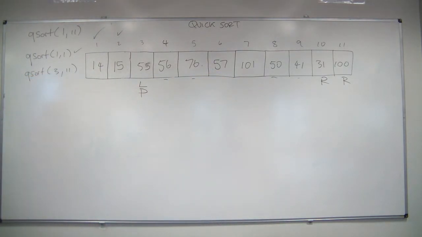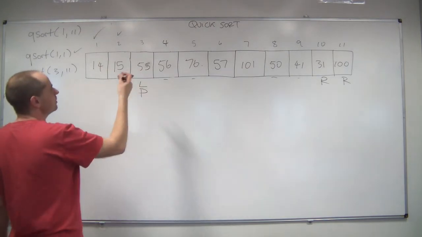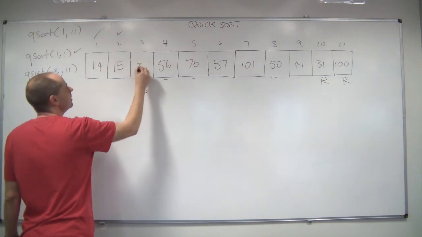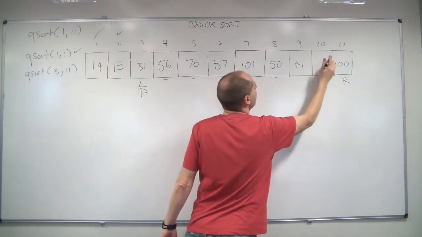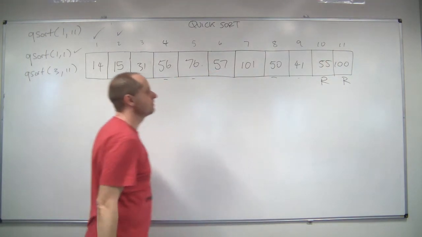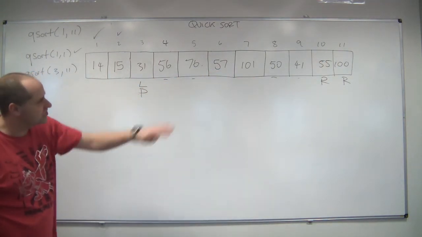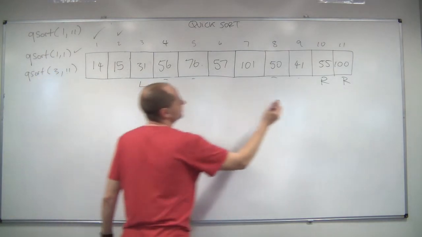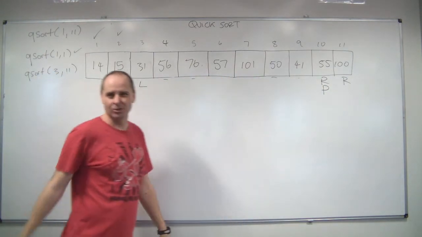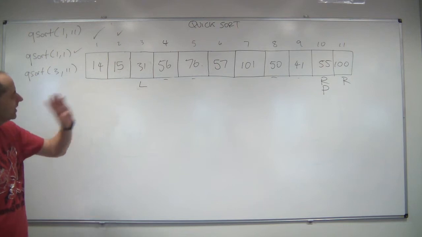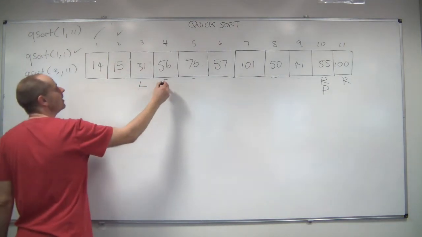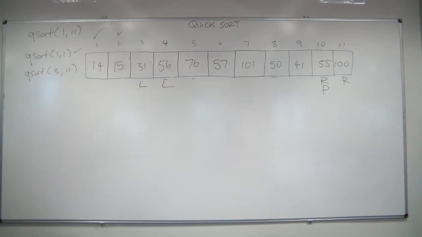Right, 31 and 55, they are in the wrong order, so I'm going to switch them. The pivot has to stay with that 55. That's the only thing you can mess up when you're going through this. We then move in the left pointer. If you write it down like this, the pivot is the pain.